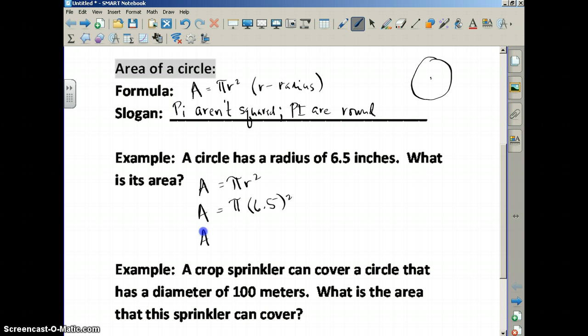All right, now we take out our calculators. Actually, I'm going to substitute for pi first. 3.14 is what we're going to use for pi, times 6.5 squared. And when we take our calculators out, we get 132.665.